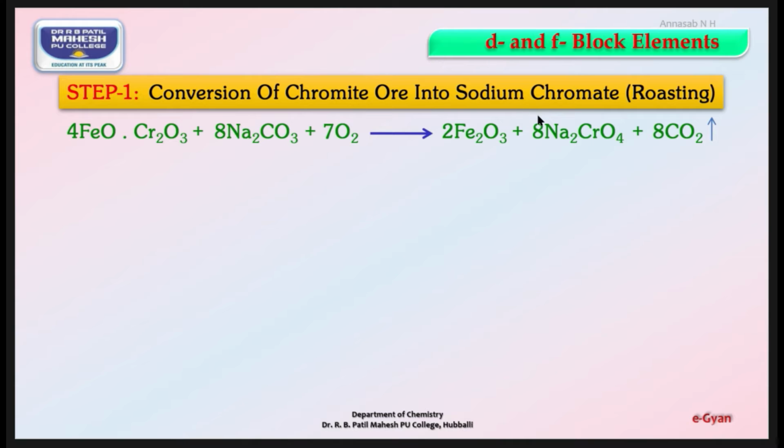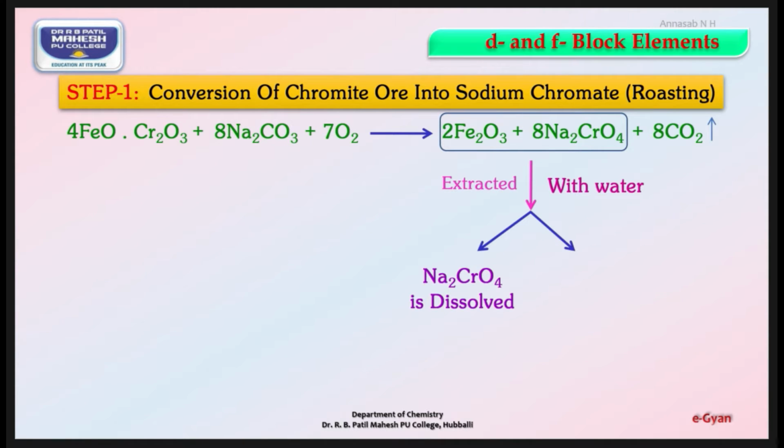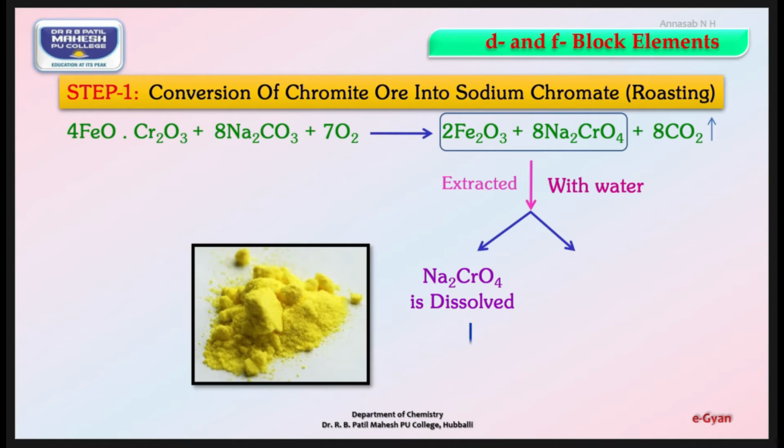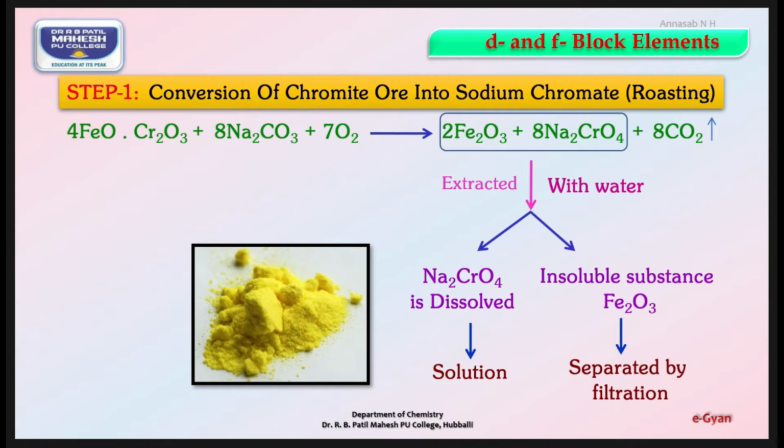Sodium chromate, which is formed here, is a yellow colored substance, and along with Fe2O3, both are extracted with excess of water, where sodium chromate is going to dissolve in water so that it is separated by filtration process, as Fe2O3 is insoluble in the water. By filtration process we can separate sodium chromate, and the carbon dioxide which is byproduct is liberated.